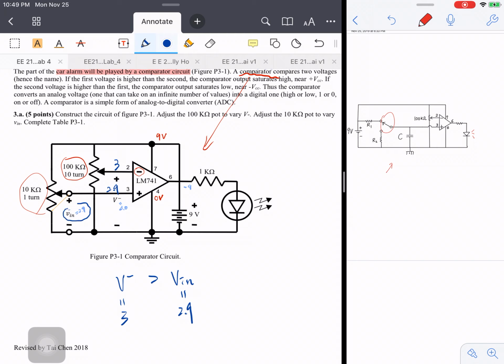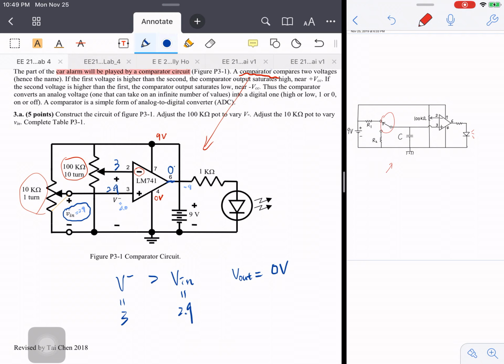So what happened? The V out will go, ideally, to 0 volt.